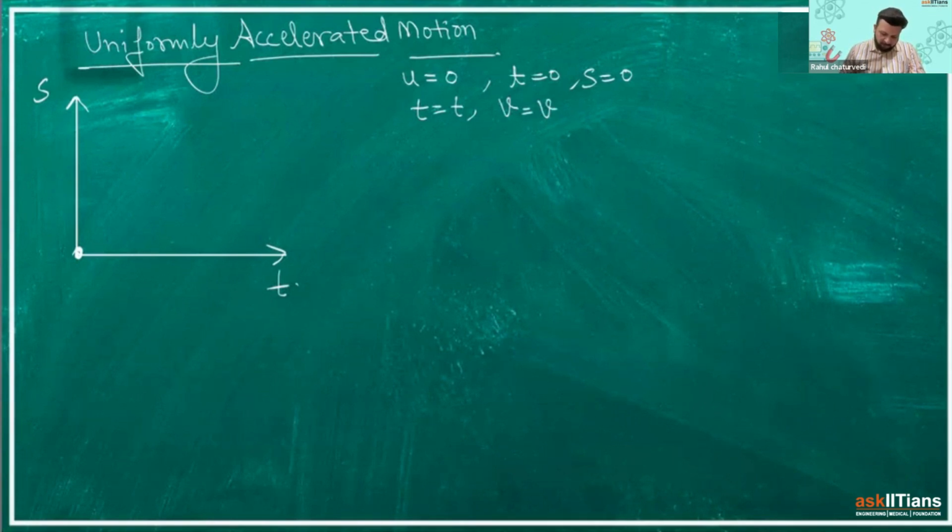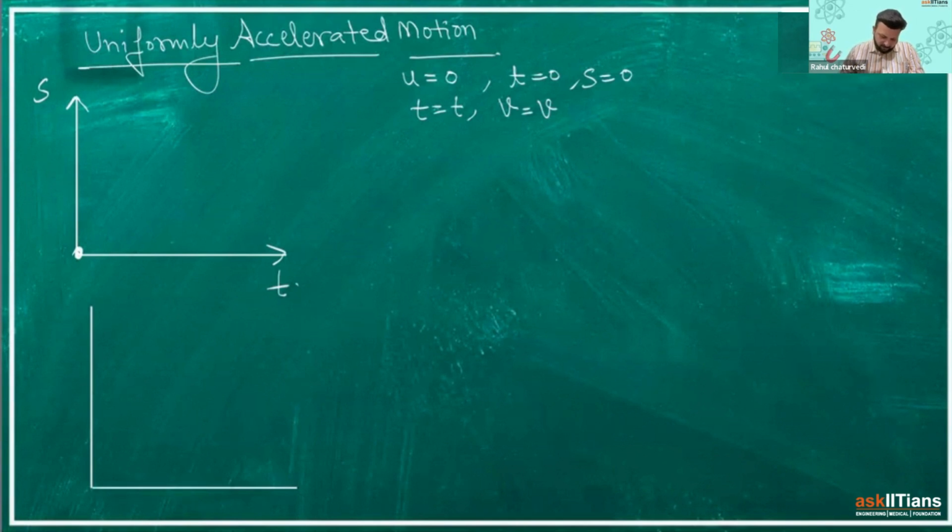So your graph will be either increasing or decreasing in slope. It depends on whether it is accelerated or retarded, right?